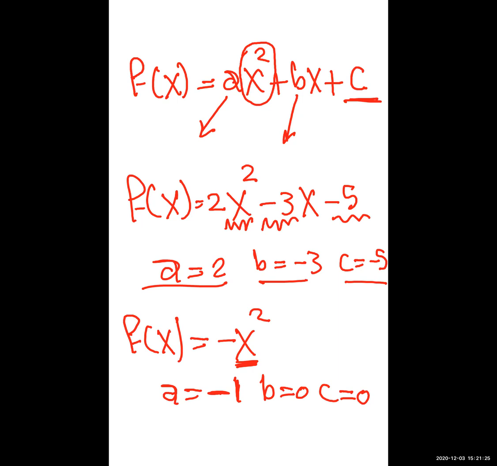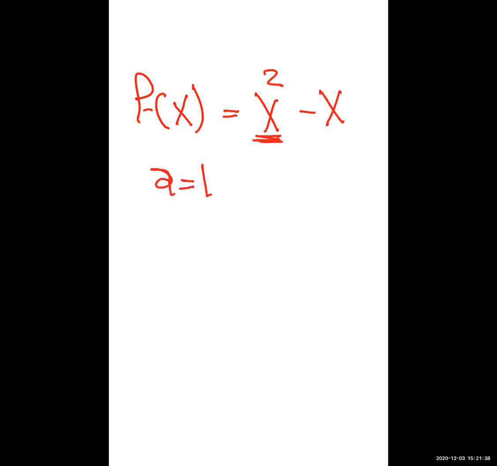Okay, great. If it's like this, f of x equals x squared minus x, a is the coefficient of x squared, 1. b is the coefficient of x, -1. c, do we have a numerical value here? No, so c equals 0. Are we clear?